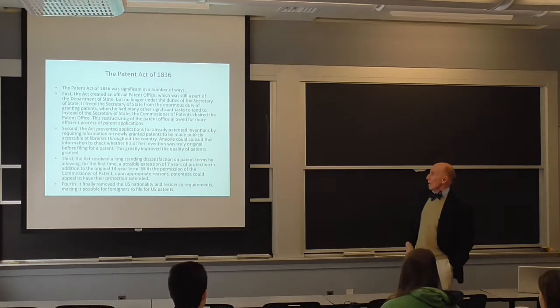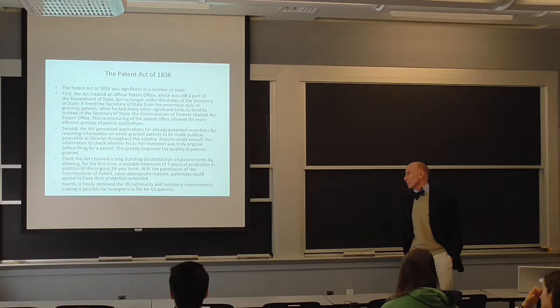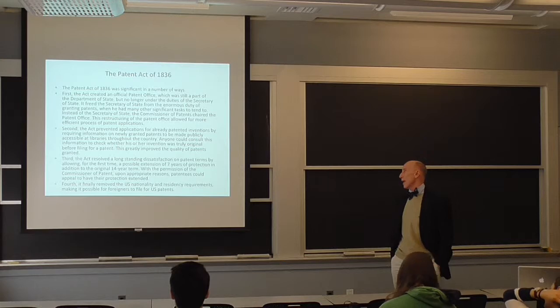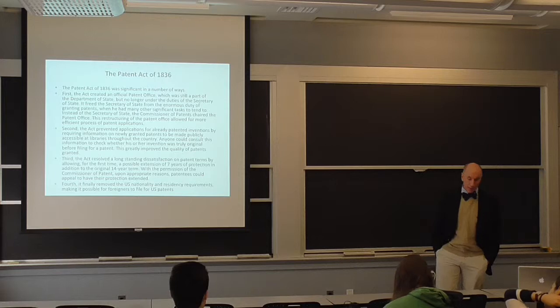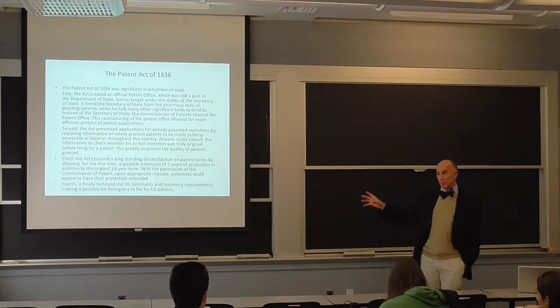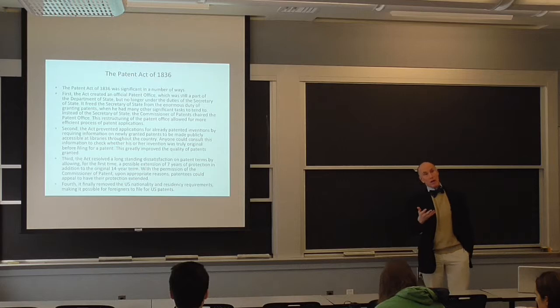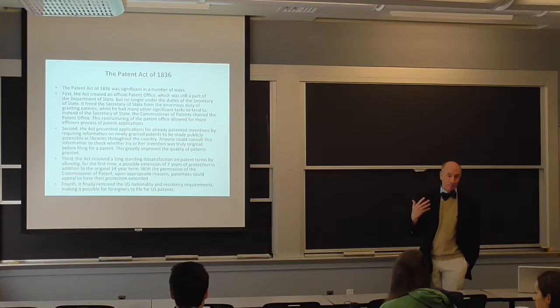Third, the Act resolved a longstanding dissatisfaction on patent terms by allowing for the first time a possible extension of 7 years of protection in addition to the original 14-year term. With permission of the Commissioner of Patents, upon appropriate reasons, patentees could appeal to have their patents extended. And that's true today, although that has also changed, but that's the first time that the Congress had ever dealt with the commercial realities of patents being sometimes overcome by the commercial realities.